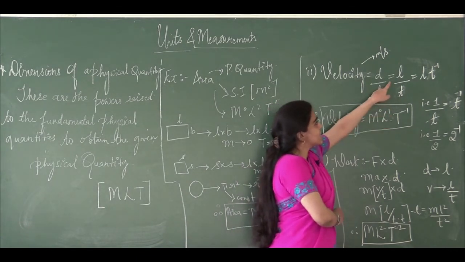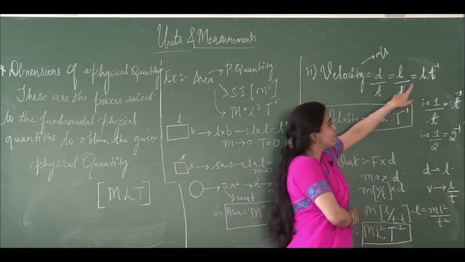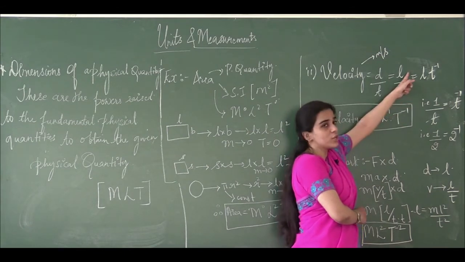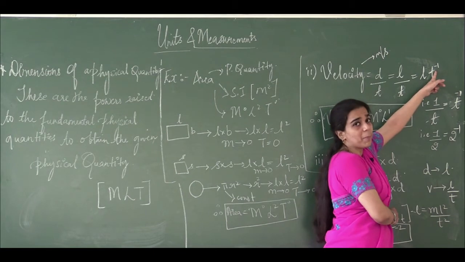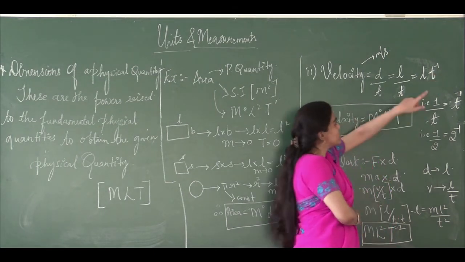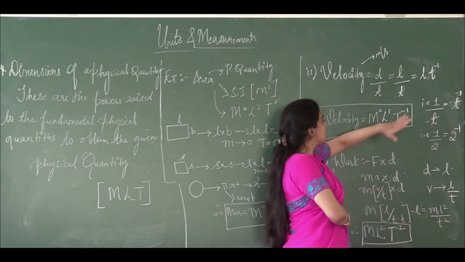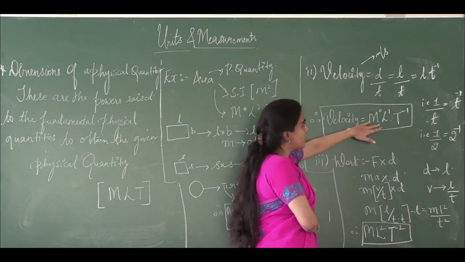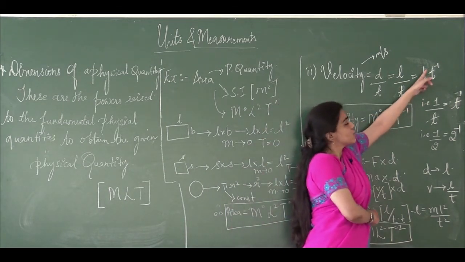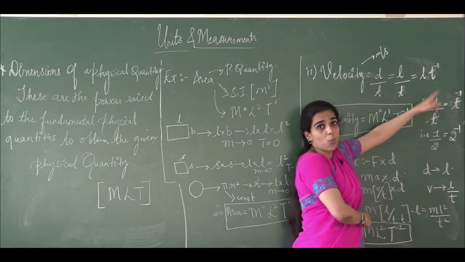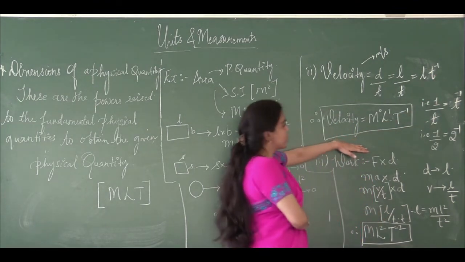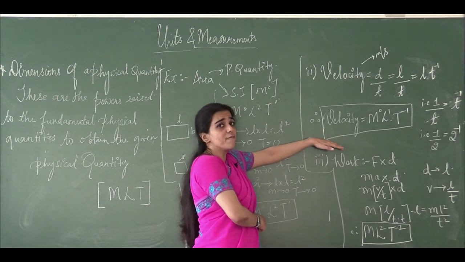So it becomes length by time, where we take this T to the numerator, and T turns to have the power minus 1. So the dimensional formula for velocity is M naught, L to the power of 1, and T to the power of minus 1.